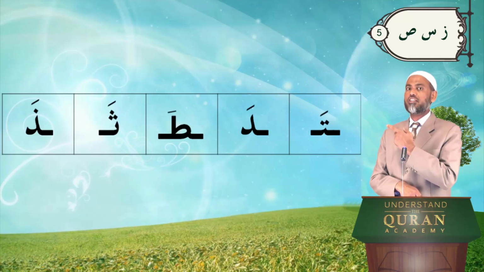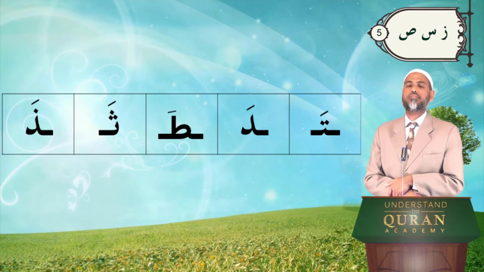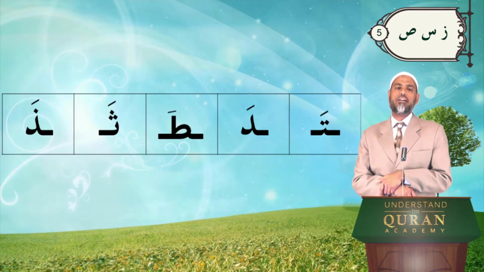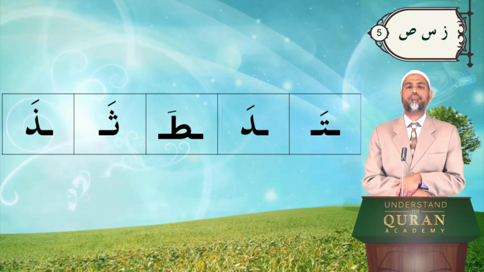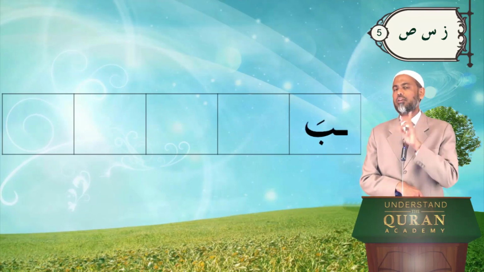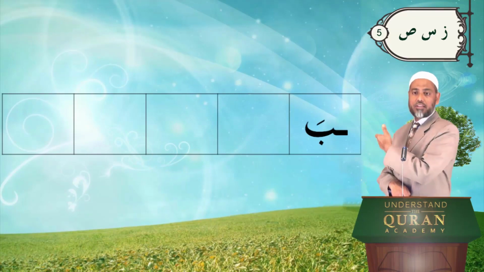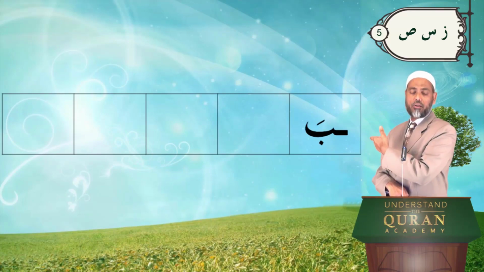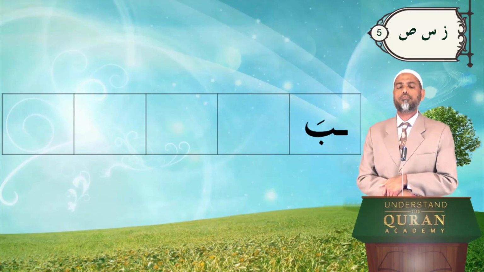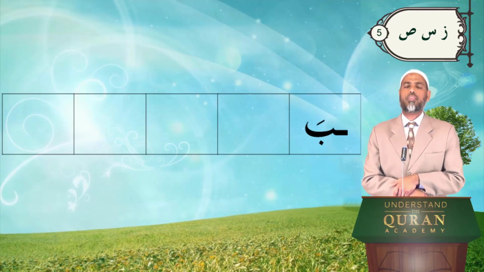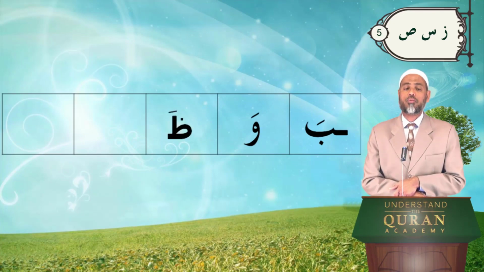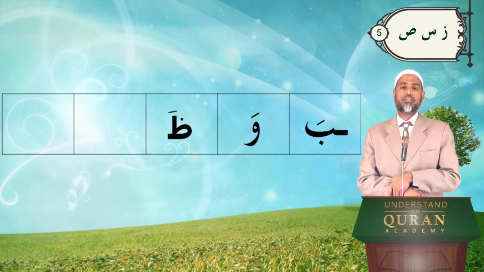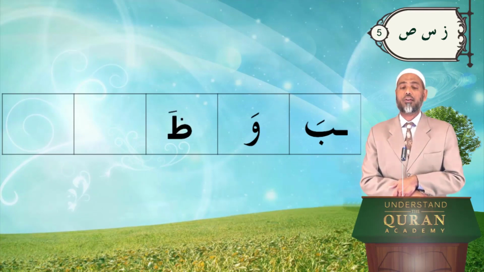The dot there represents strong airflow, the. It cannot be the, it is the. A dot on the top means flow, but here a dot on the bottom, a dot below it, ba. Wa. Dha. Here a dot is there, strong airflow, dha.